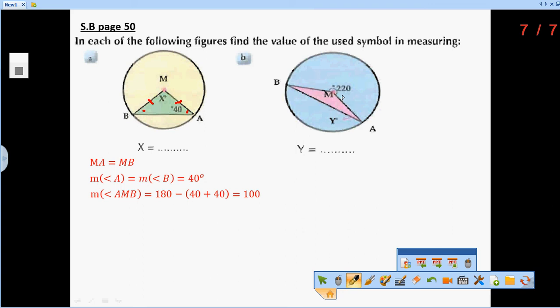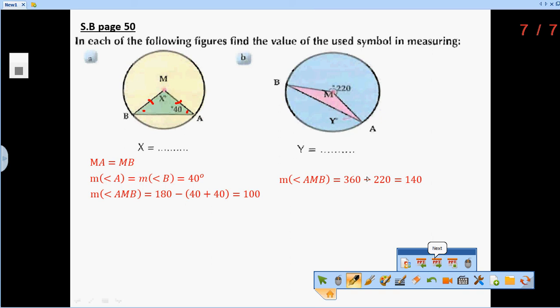It means the measure of this angle AMP plus the measure of this angle must be equal to 360, right? Okay, so to find the measure of this angle, we need to subtract: 360 minus 220.